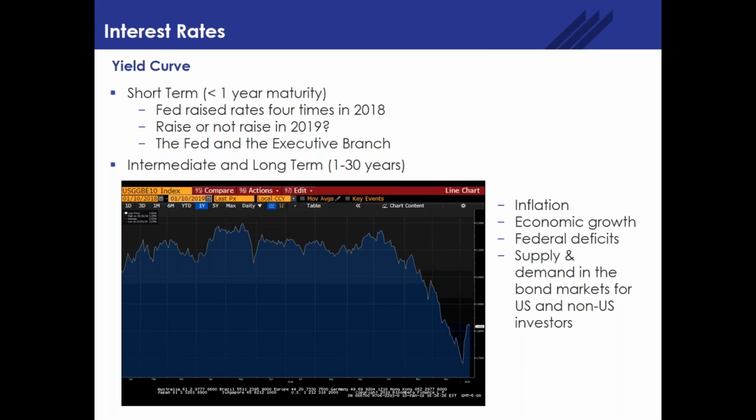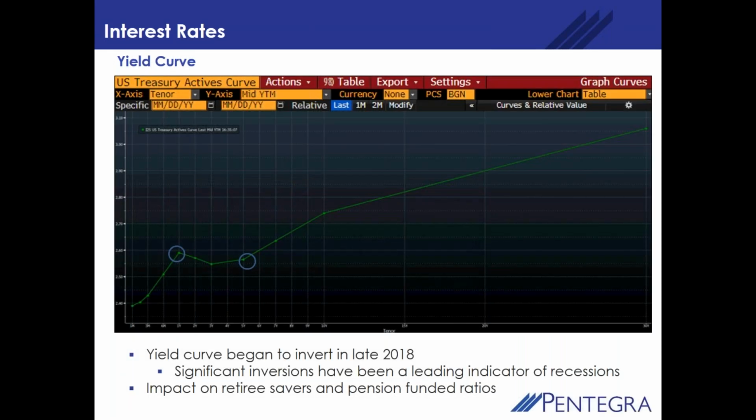Okay. Now, what does the yield curve look like now? If you look at this, this started a couple of months ago, and it's not typically what you see in the yield curve. Logically, the yield curve should always be sloping upward, meaning that the longer the maturity, the higher the yield, which makes sense.